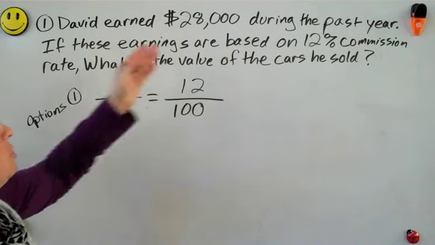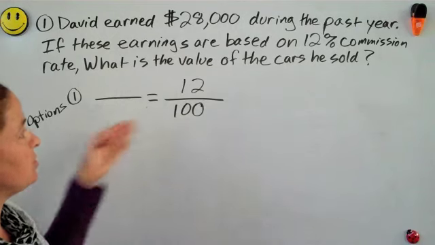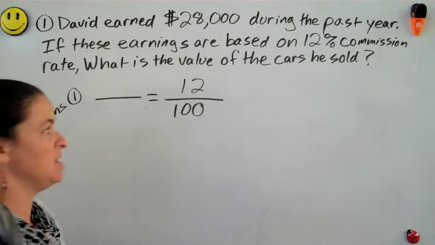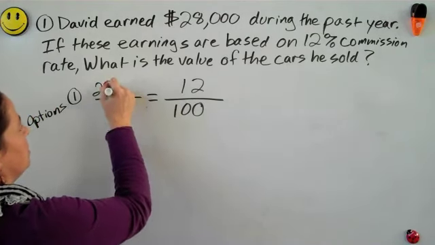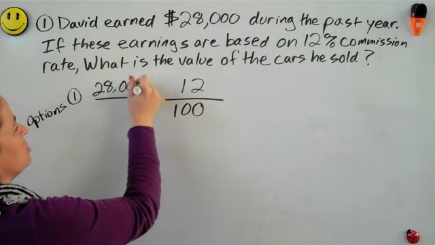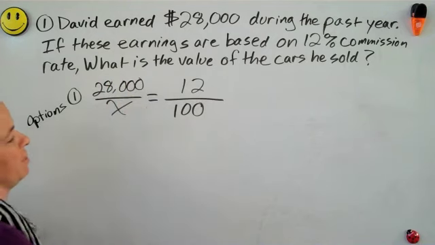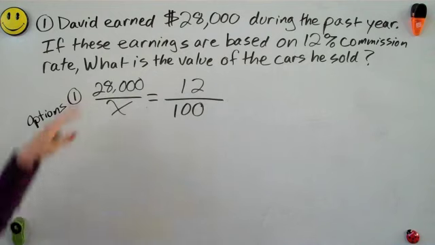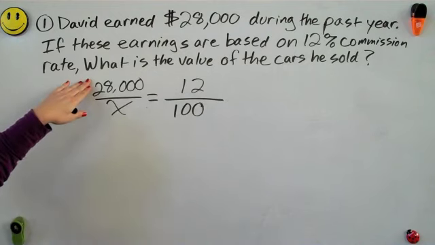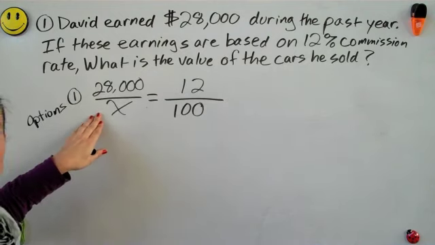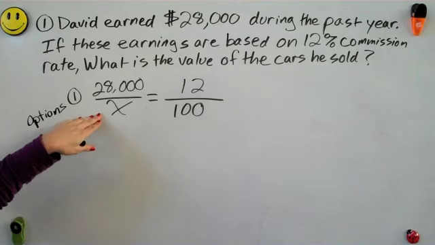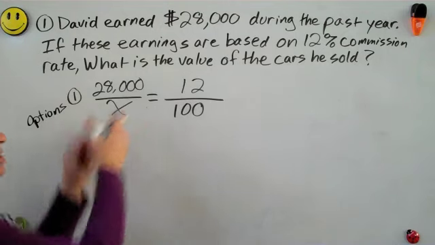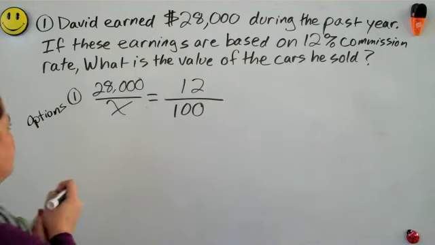When it says David earned $28,000, they're saying that is the 12% that he made. So it is the "is" and goes in the numerator, and what we're looking for is the variable on the bottom, because 28,000 is 12% of how much in cars he sold. If he sold a whole lot more cars, he gets 12% in his pocket.